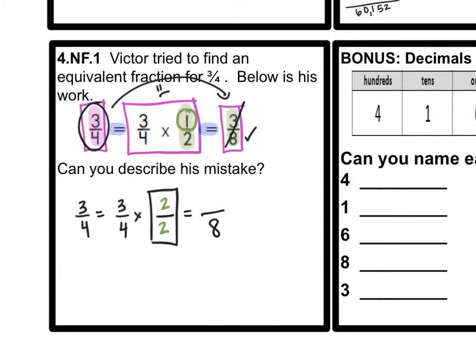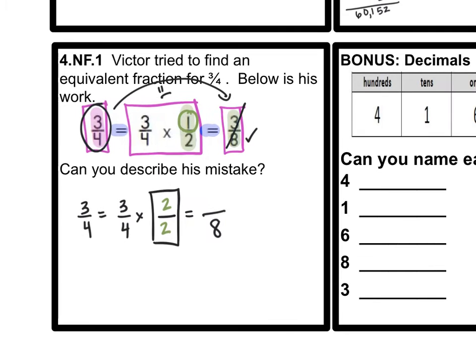So that part is the same. And then on the top, though, we're going to have 3 times 2, which is not 3 anymore. It's going to become 6. So what this equation is saying is that 3/4 is equivalent to 6/8, meaning that they're the same thing.